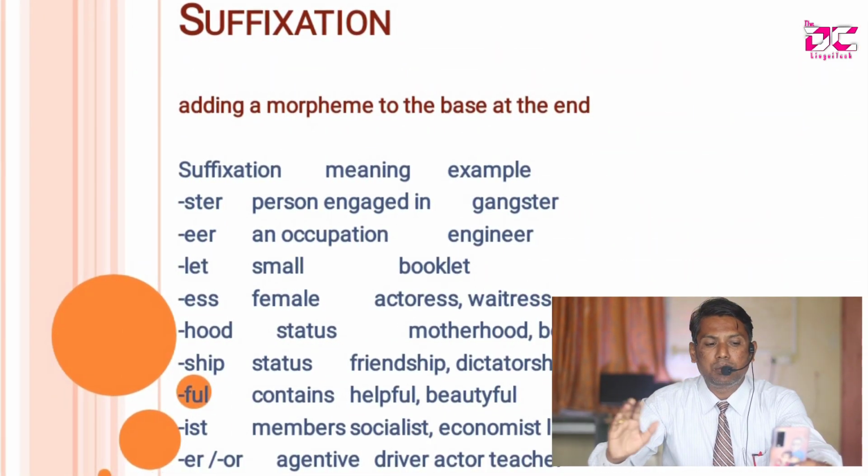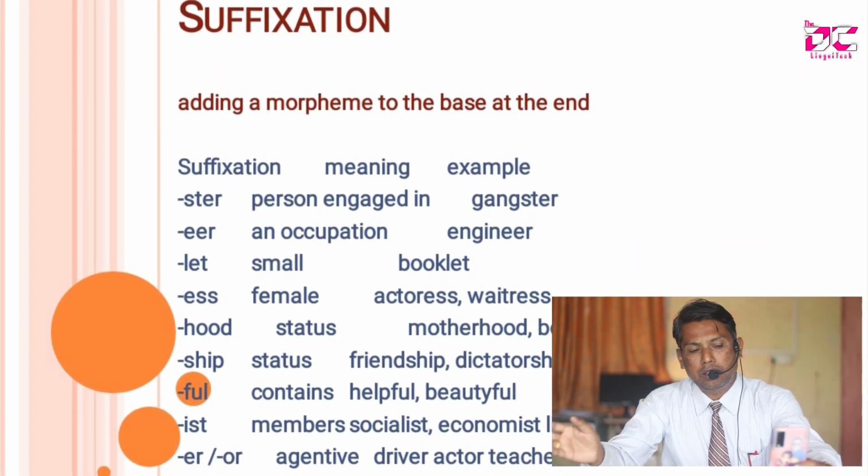So let's move on to some of the suffixes, but before that let's understand the difference between prefix and suffix. A prefix will change the meaning, but will not change the word class, but a suffix will change the word class but may not change the meaning. Let's see some suffixation. Adding a morpheme to the base at the end of the word.